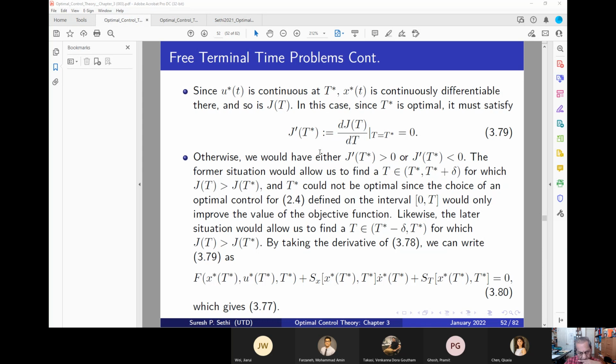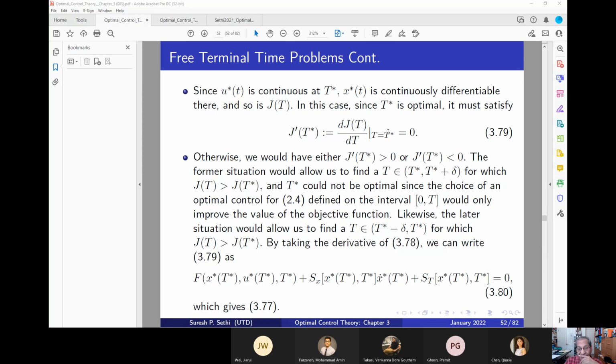Otherwise, if this was not 0, then we would have this bigger than 0 or smaller than 0. The former situation would allow us to find a T for which J of T is bigger than J of T star.